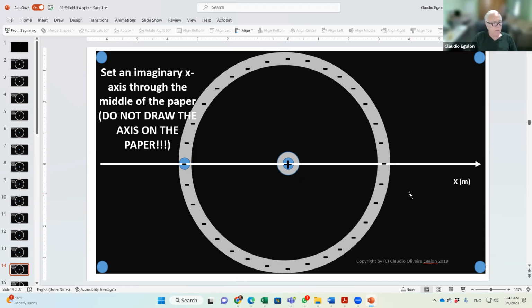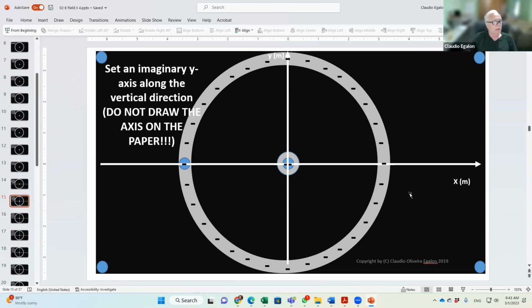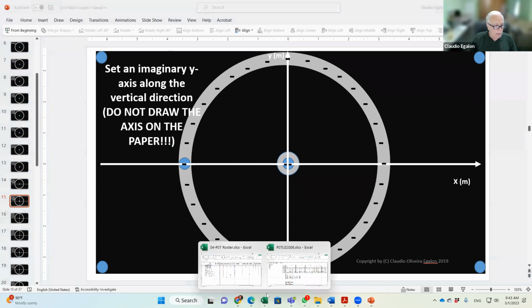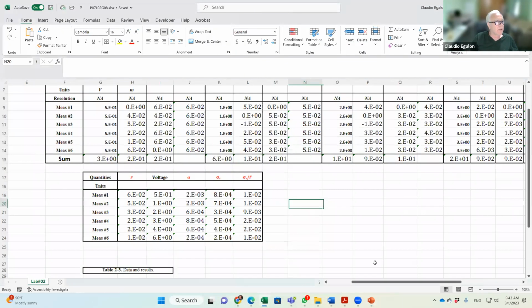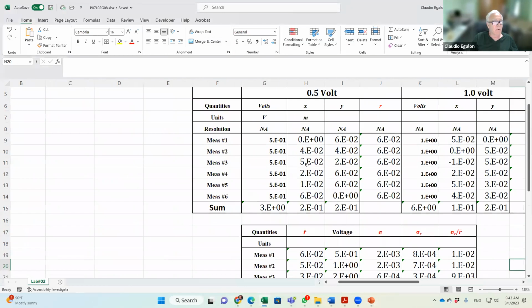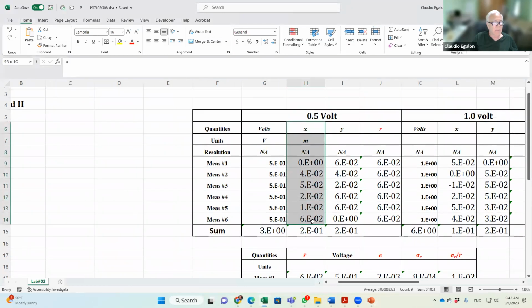The other one that we did had planar symmetry. We set the second axis, and that's the x-axis that you see here in this table. The values of the x-axis and the y-axis that you see in the table.